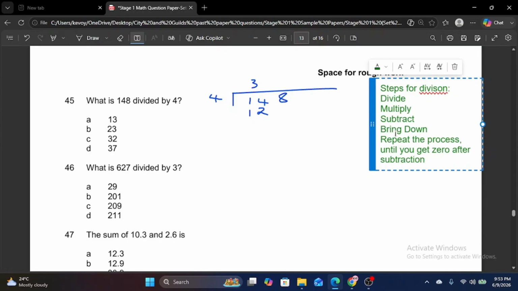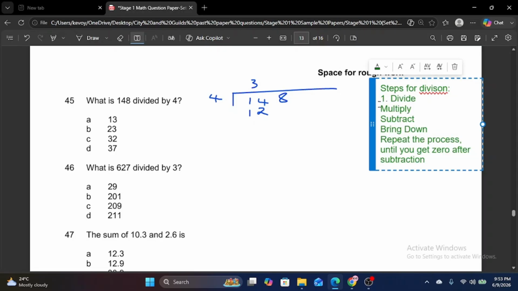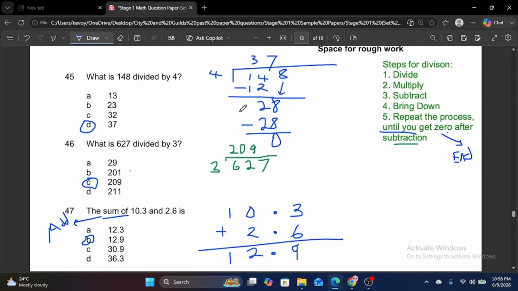Alright, so 5 steps. The video got cut off before I finished 44, because I did the entire paper, and I don't even know what happened there. So I'm going to go over the steps for division.